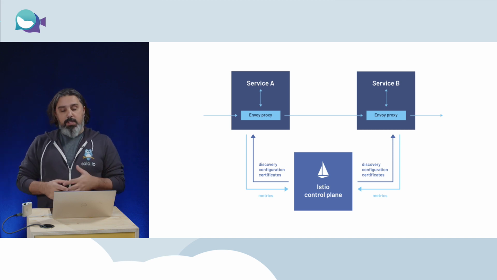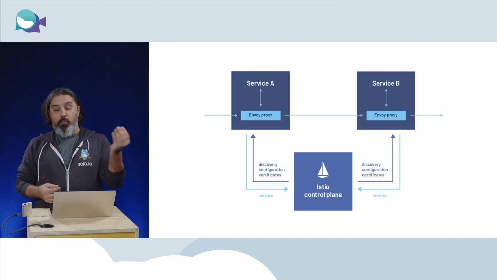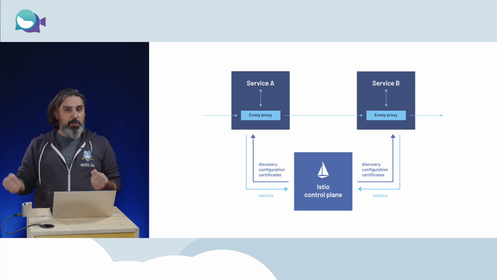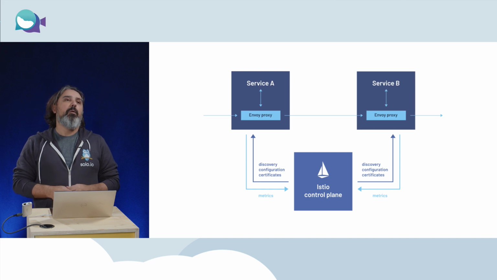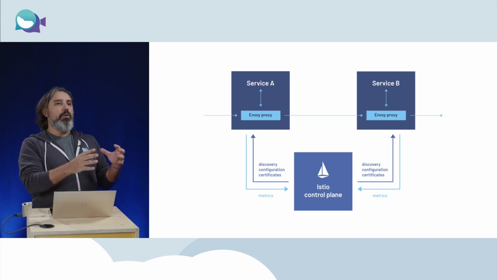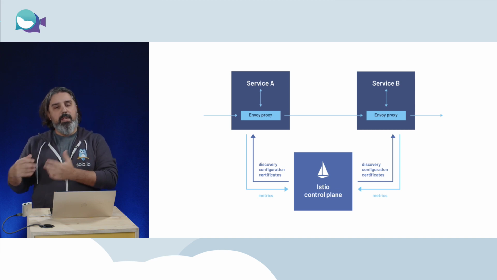So security policies. Those can be, for example, policies that dictate which service can talk to which service over which port and over which path. If it's an HTTP request, you can secure and lock your workloads more granularly than just network policies.